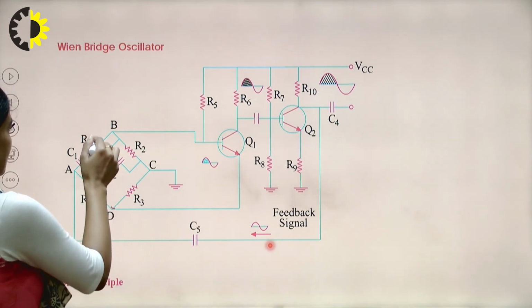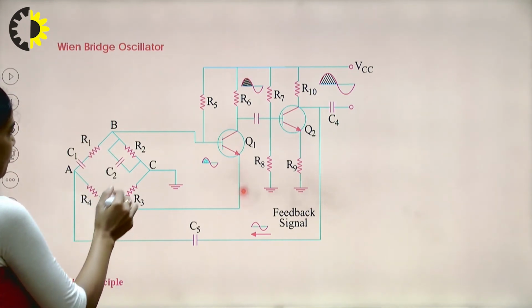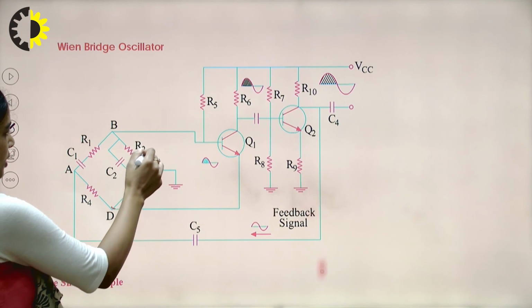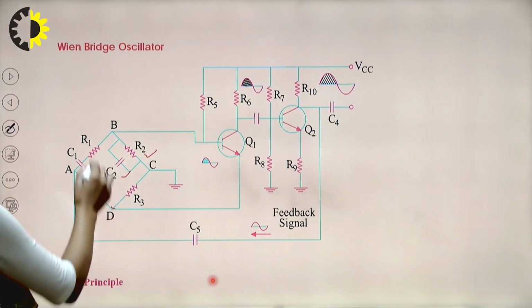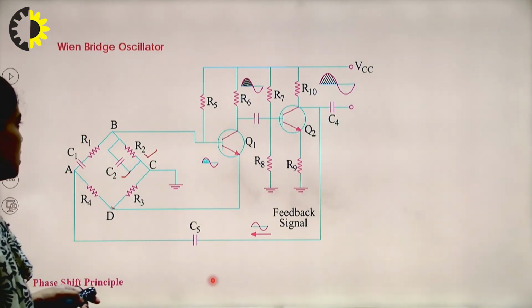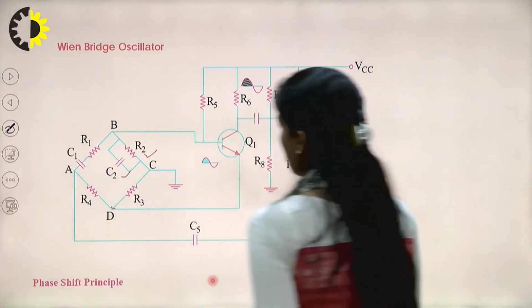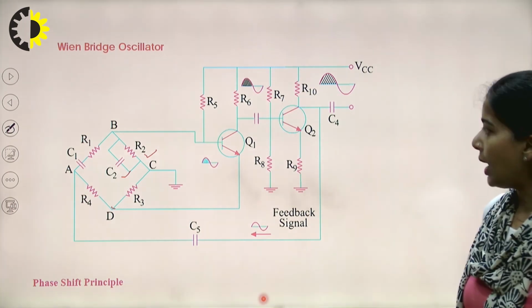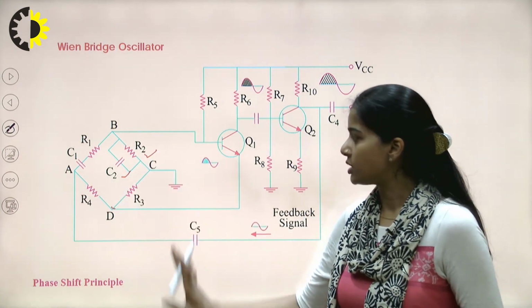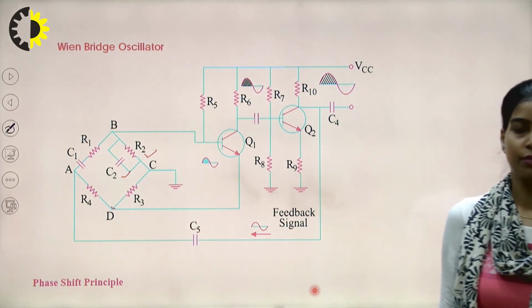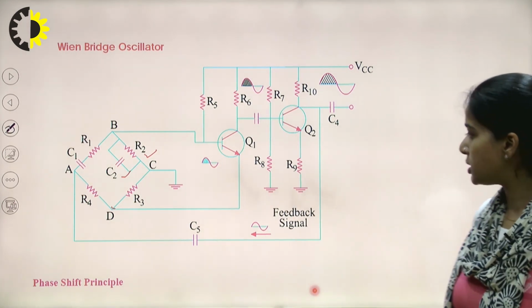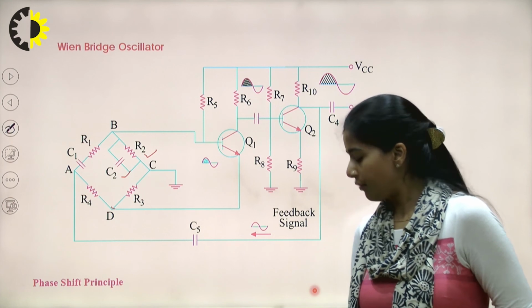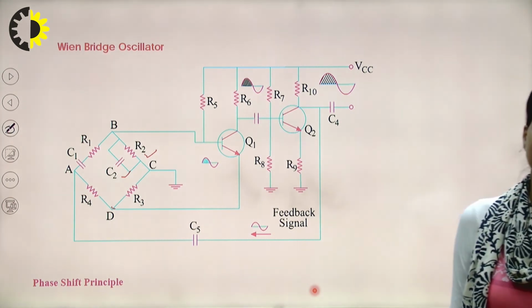So here we can see that we have one parallel combination of R2 and C2, and another one is R1 and C1. With this combination of R and C, the total phase shift provided by this phase shift network, including the transistor, gives a complete phase shift of 360 degrees.